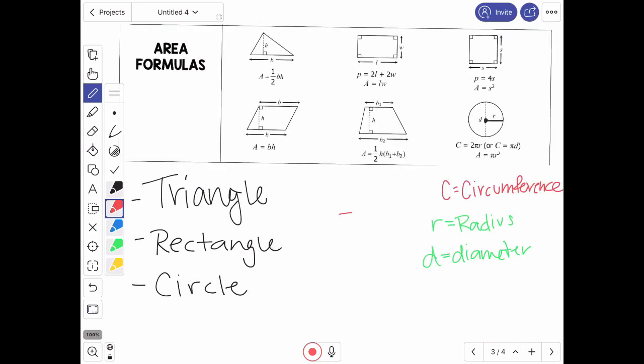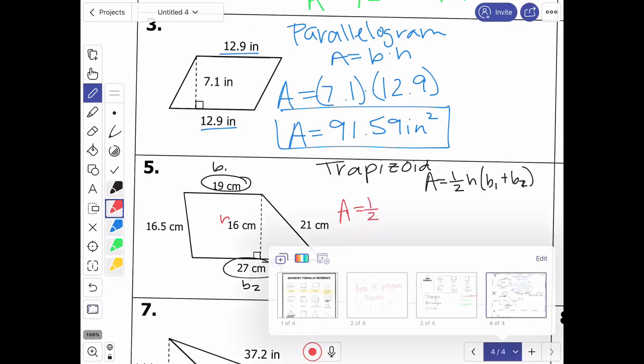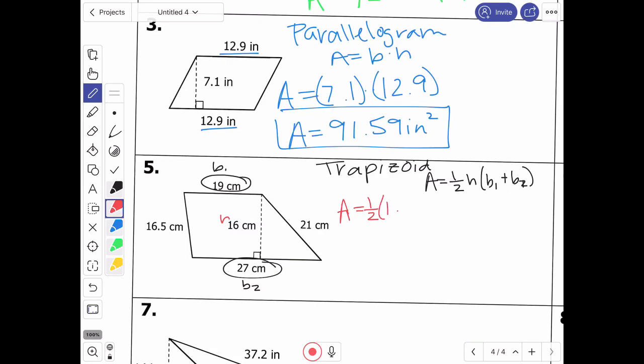Area equals 1/2 times height, height is 16, and then I'm going to multiply that also by taking 19 plus 27. Okay. And so when I do all of that in my calculator, I'm going to get area equals 368 centimeters squared.